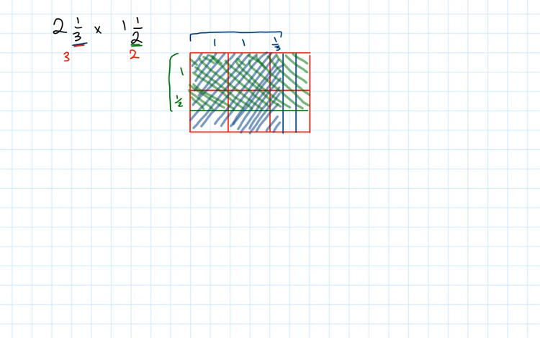Okay, when you are counting for this, you need to count only the spots or the areas that were shaded by both. So we have 1 here, 2, 3, 4, 5, 6.